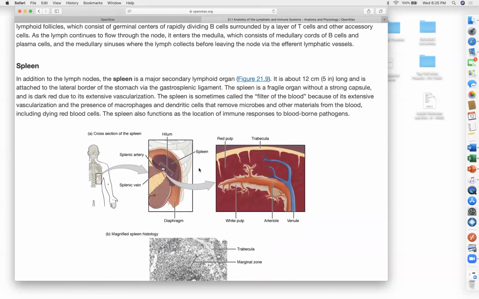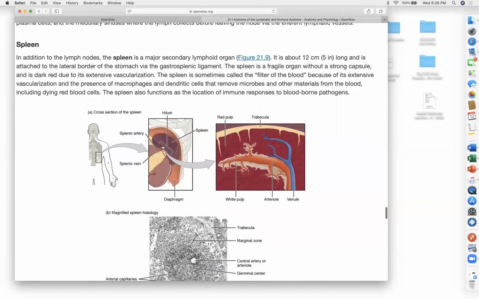Because once we finish up with the textbook part, we're going to go back to the Moodle. So your spleen. Your spleen is what they call an accessory organ or a secondary lymphoid organ. It's not the star of the show, but it is a backup.